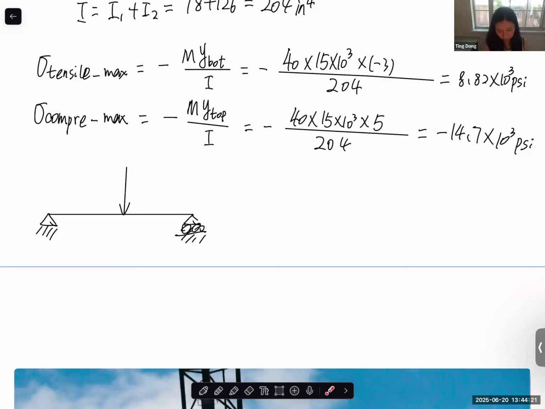And we know that this point should be the maximum bending moment, right? How to find the maximum bending moment here? So let's say the force is 1000 and the entire beam length is 10. What is the maximum bending moment?